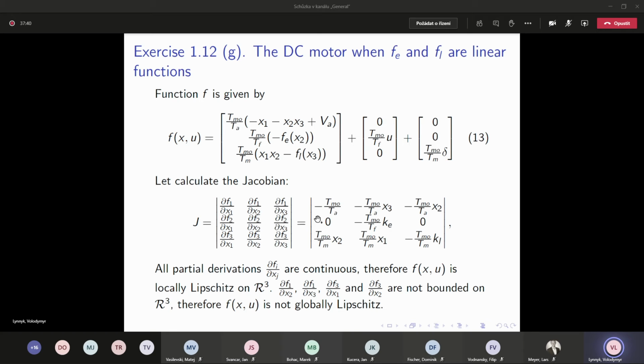We can find all partial derivatives are continuous, and therefore f is locally Lipschitz on R3, but this one and this one are not bounded on R3, and therefore f is not globally Lipschitz.